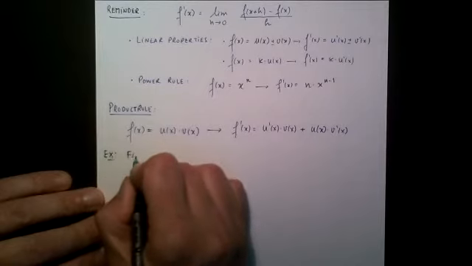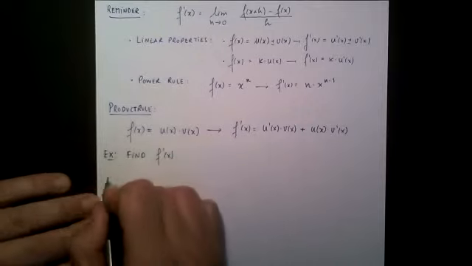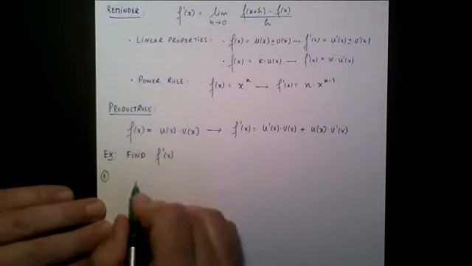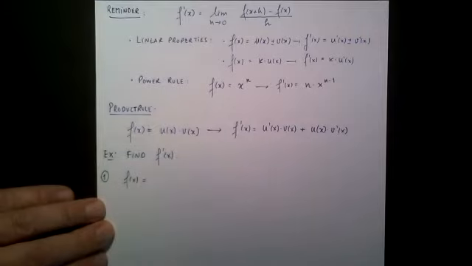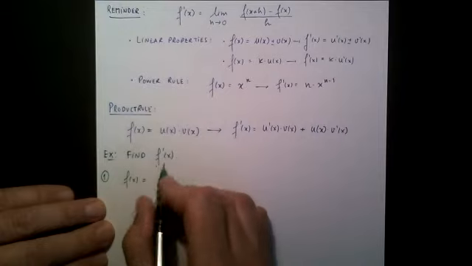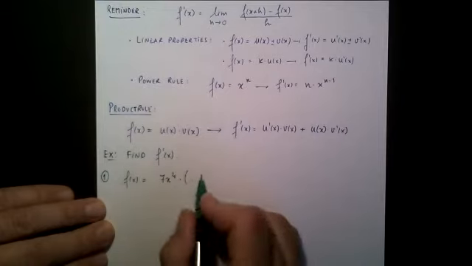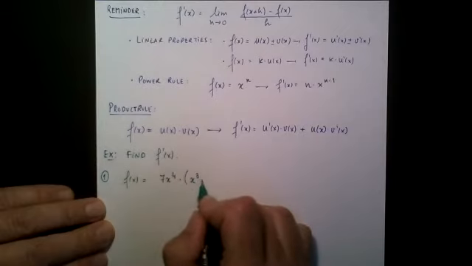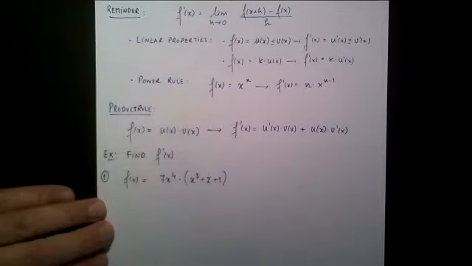So example, find f prime of x. So let's say f of x is equal to 7x^4 multiplied by x^3 plus x plus 1.